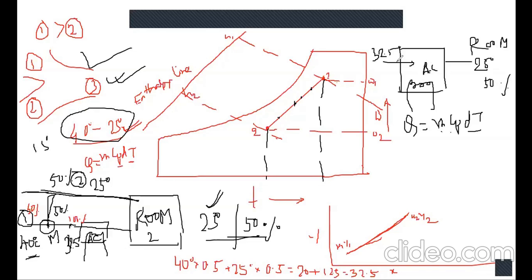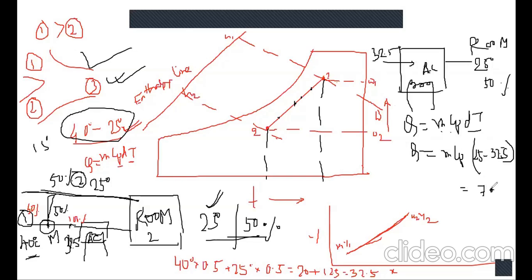Our second case is after using the mixing process. The temperature difference is 32.5 minus 25, that means 7.5.